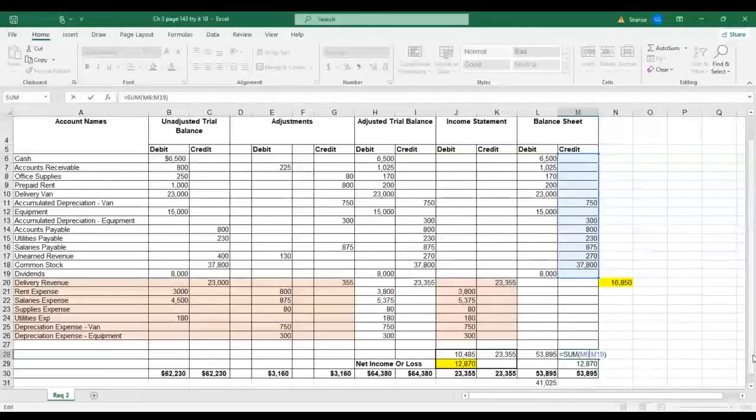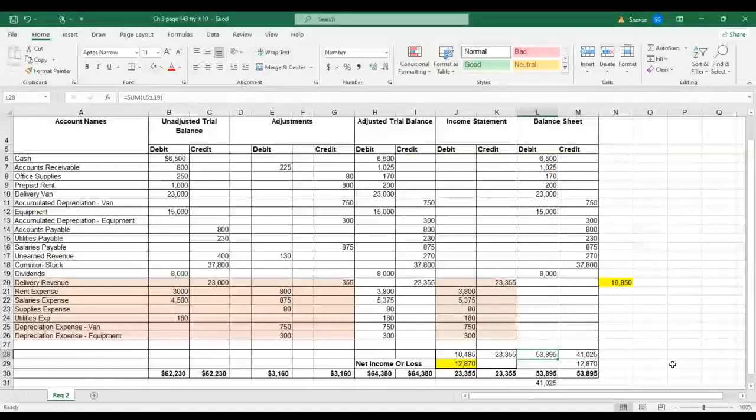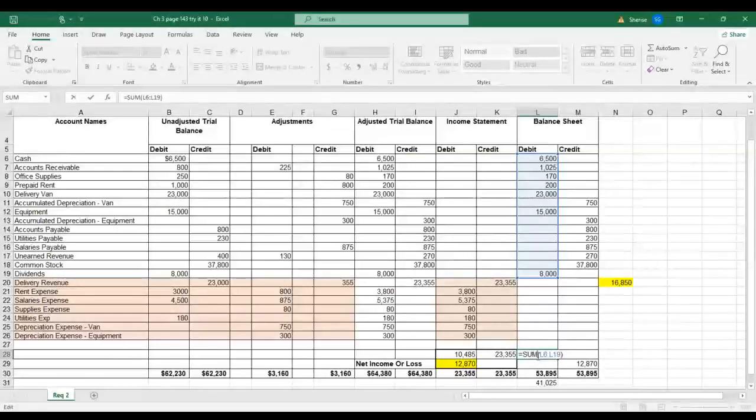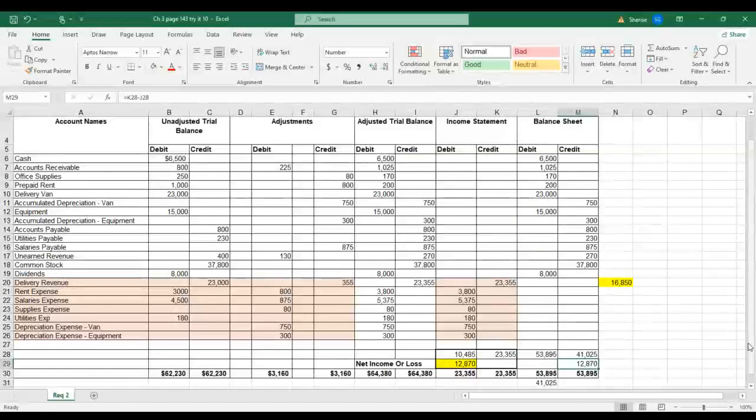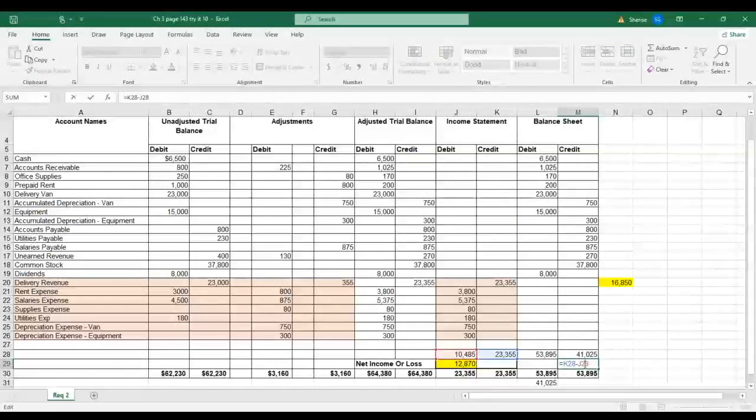And then with the credit column, you're going to sum all of this up. So we've added all this together, and it comes to $41,025. For the debit column, you're going to sum all of this up. So all of your debits come to $53,895. And then you're going to bring this over.